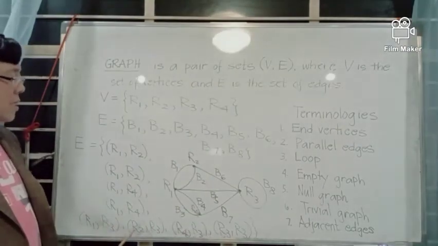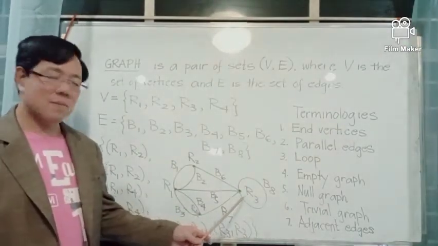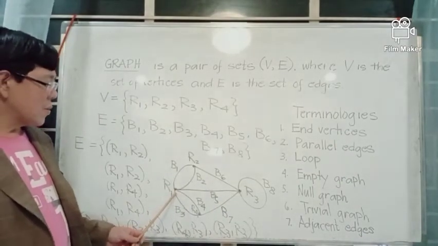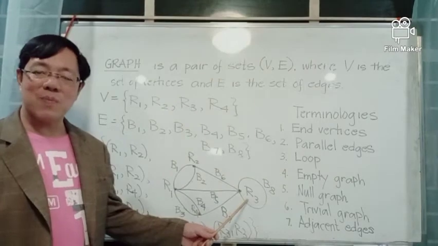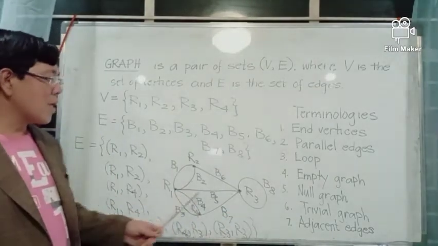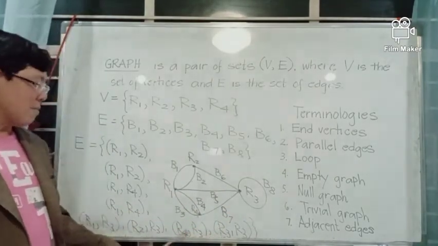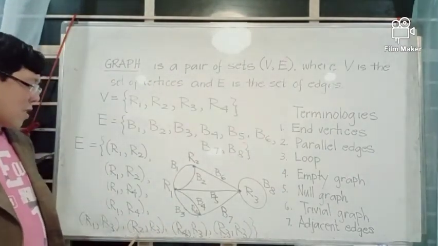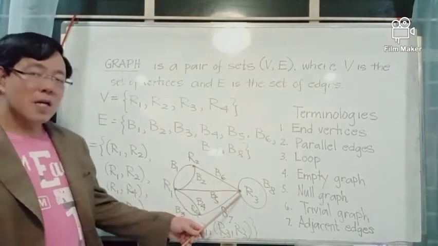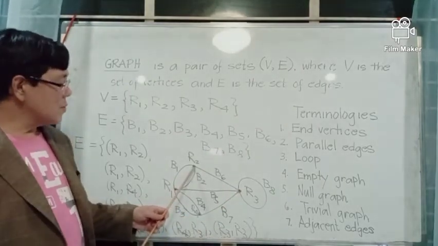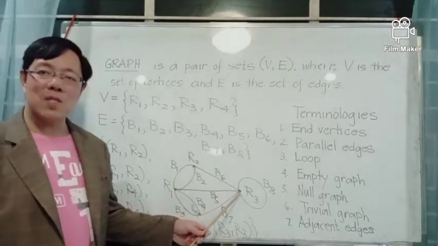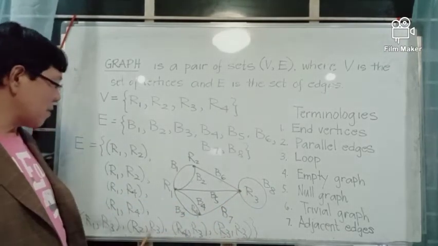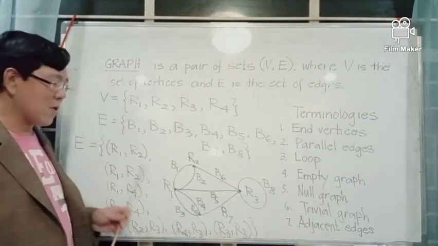But R1 and R3 has multiplicity 1 because the pair R1 and R3 appears only one time in the set of edges for this graph. The same with R2, R3: the edge through vertices R2 and R3 has multiplicity 1 because this pair appears only one time.